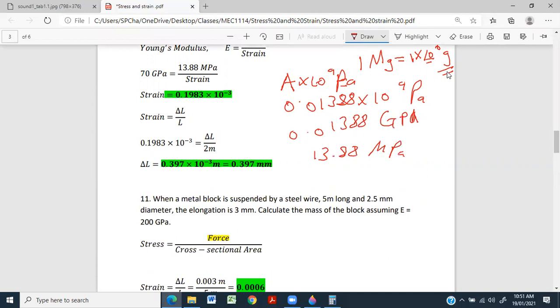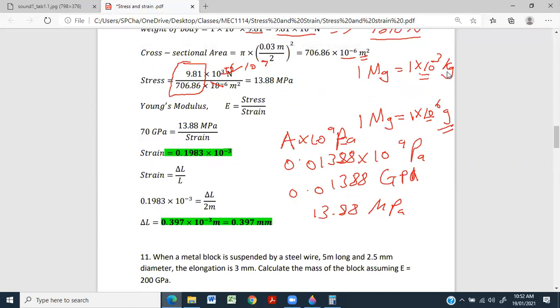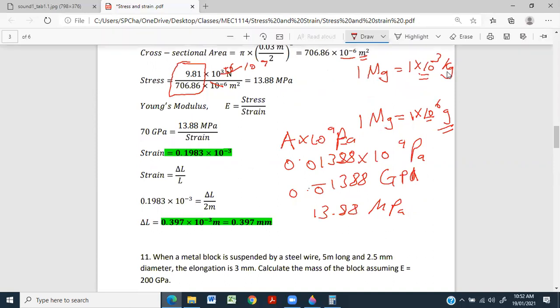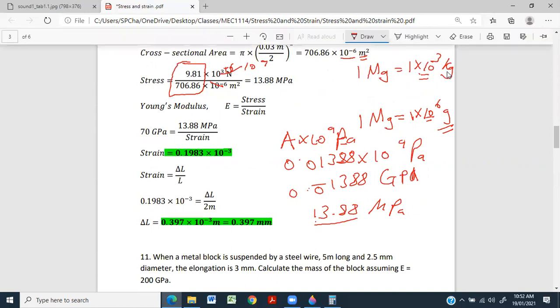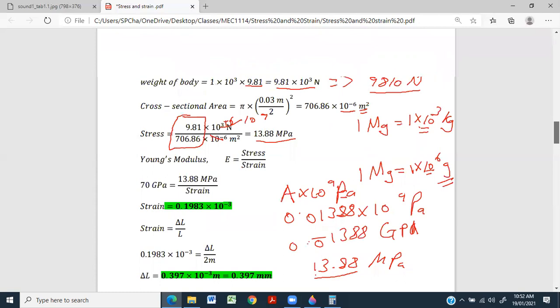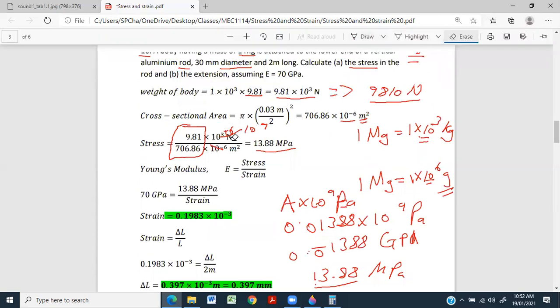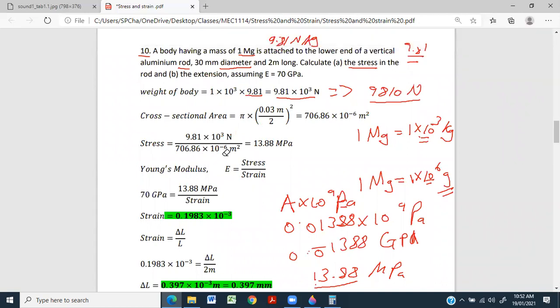So manage the units as you think is necessary and come up with reasonable numbers, right? Answers. So what I used was megapascals, so 13.8 megapascals. And again, alternatively, you can just plug this into your calculator, and just get a number out.